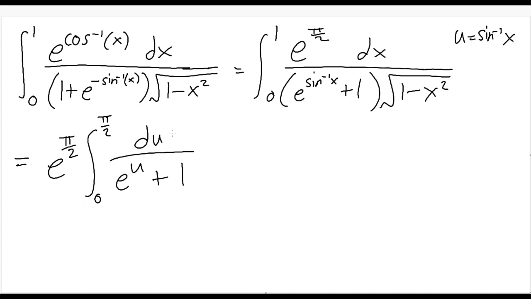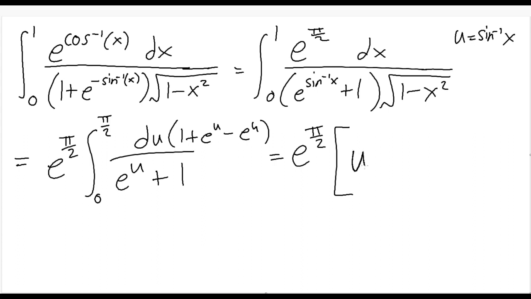So then this is just what? We just do algebra here, pretty much. This du, this is technically 1. We just do plus e to the u minus e to the u, and now this is e to the pi over 2. We could see very clearly that this is u minus ln of e to the u plus 1. If you do u substitution, when you split the integral, it's algebra we've dealt with so many times.